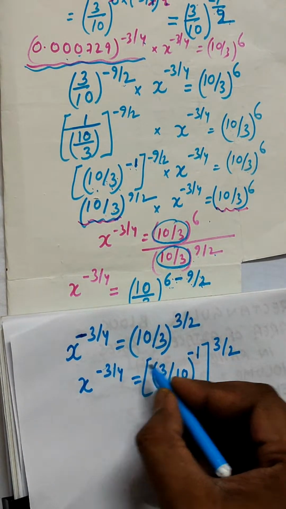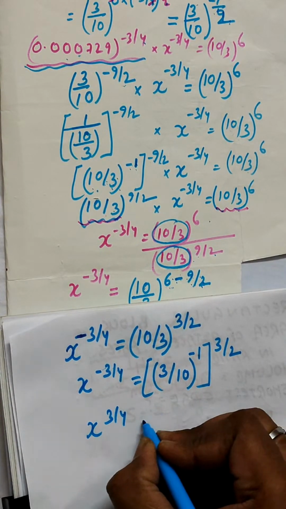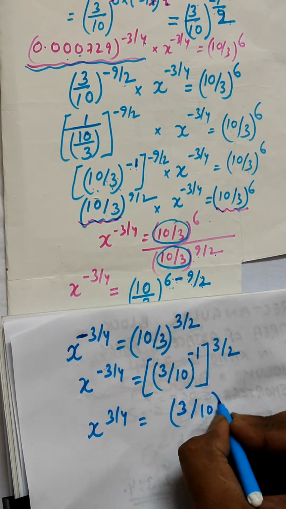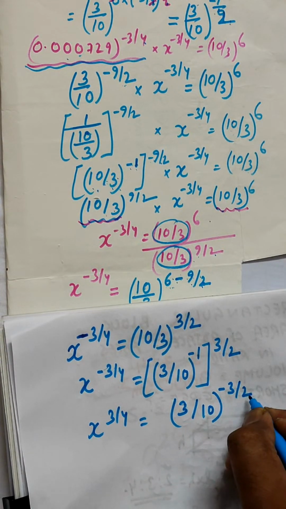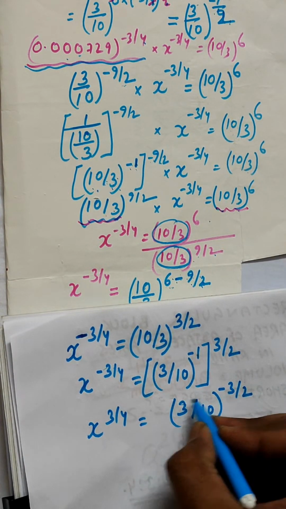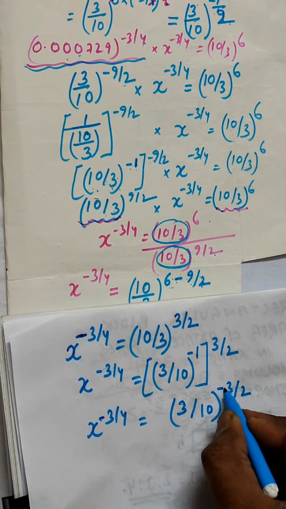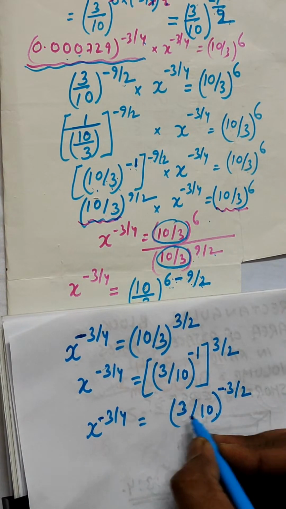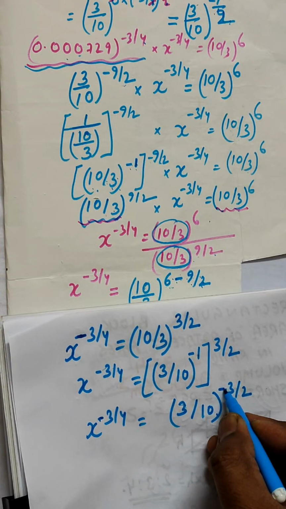Just to accommodate this minus sign, so x power 3 by 4 can be written as 3 by 10 power minus 3 by 2, and in this way this minus can be removed, because when this will go into the RHS and this RHS will go into the LHS, this minus sign will be removed.